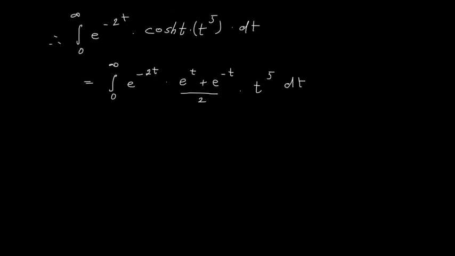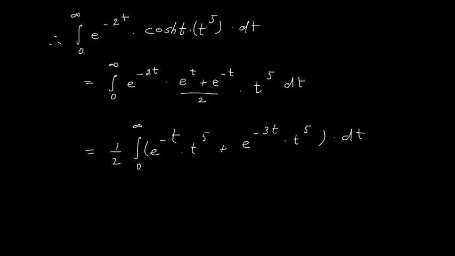So this will be equal to, now this 1 upon 2 I will take out. This is 0 to infinity. Now if I open the bracket, it is e power minus 2t into e power t. So I will get e power minus t into t power 5. This is one term, plus I will get e power minus 3t into t power 5 dt.